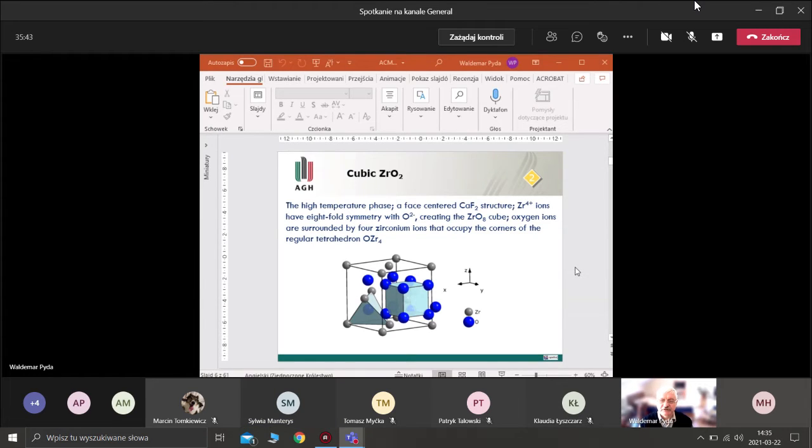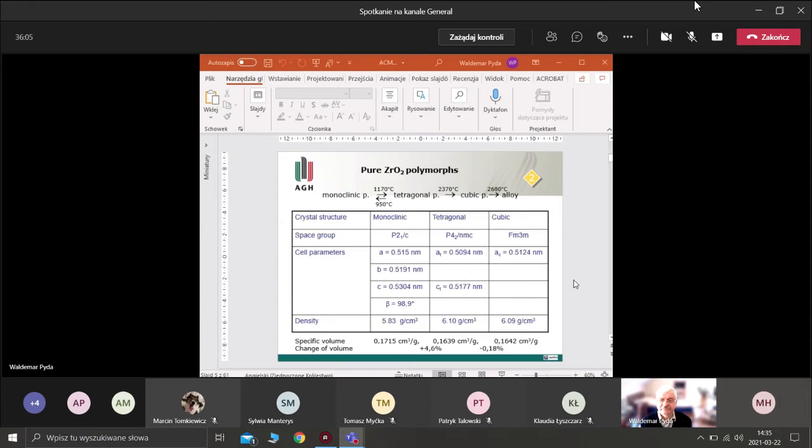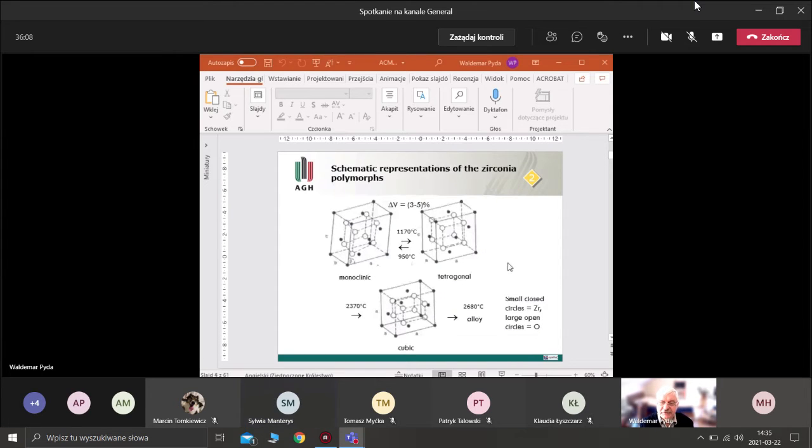Okay, and what about the tetragonal phase and monoclinic phase from the point of view of zirconium ions coordination and oxygen symmetry in the tetragonal phase?